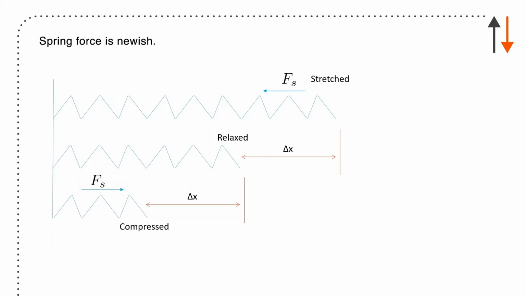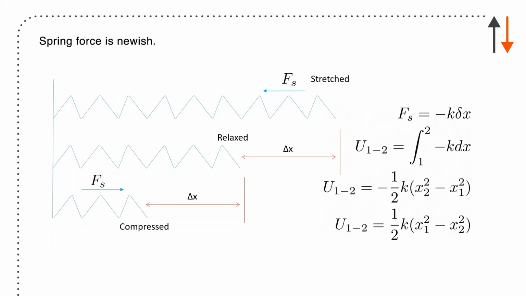So as you stretch the spring, the force is pointing in the negative sense of the displacement. So the force of the spring is minus k delta x. And if I do the integration, I end up with this relationship right here, where I have corrected for the negative by just flipping the sign, or flipping the terms, x1 squared minus x2 squared.